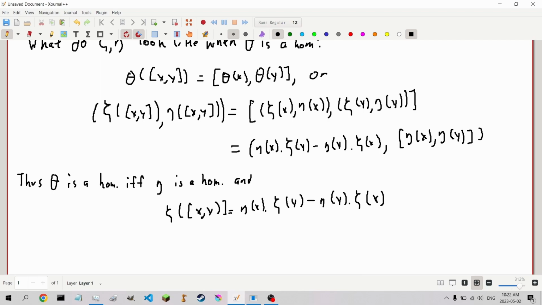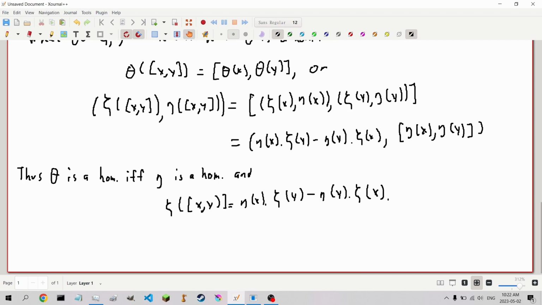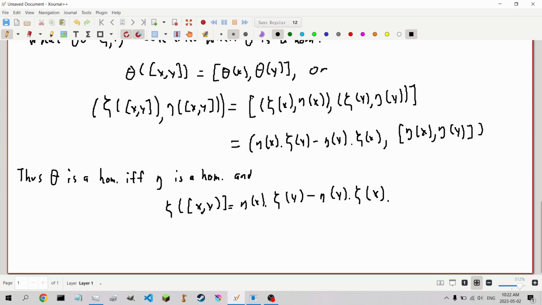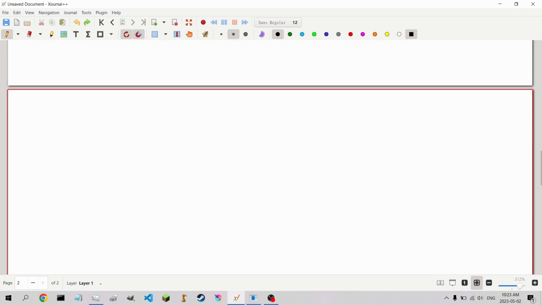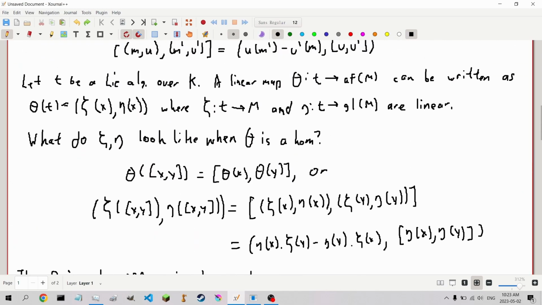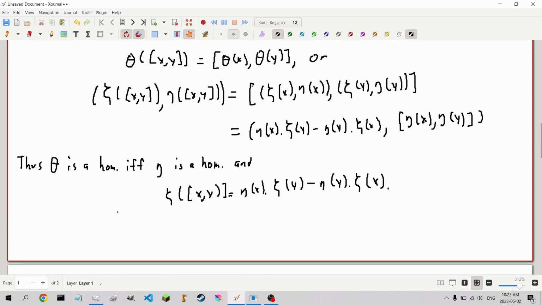Alright, so these are our constraints on the two halves of theta. Oh, so in this case, I guess this algebra that T is over is going to be the same one, so we're going to have to switch back to F, because everything needs to line up.